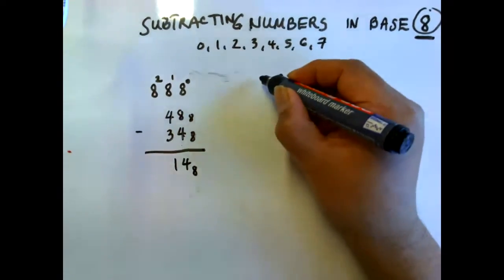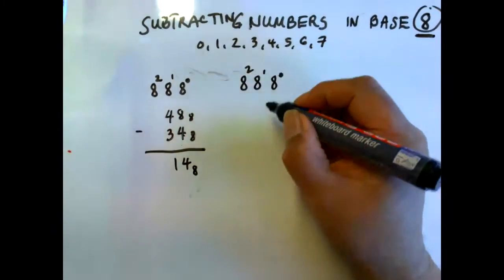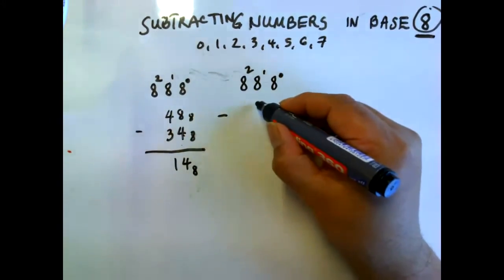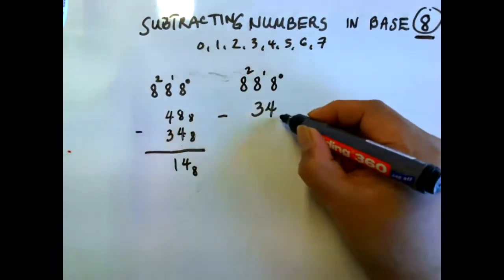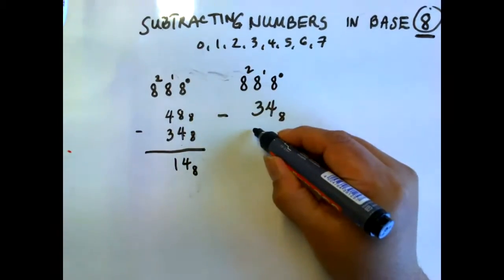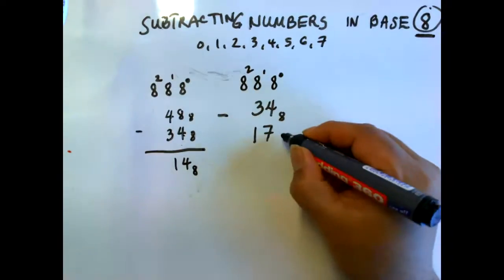But what if we do carrying or borrowing? In this instance, we'll try an example. Let's say 34 in base 8 less 17 in base 8.